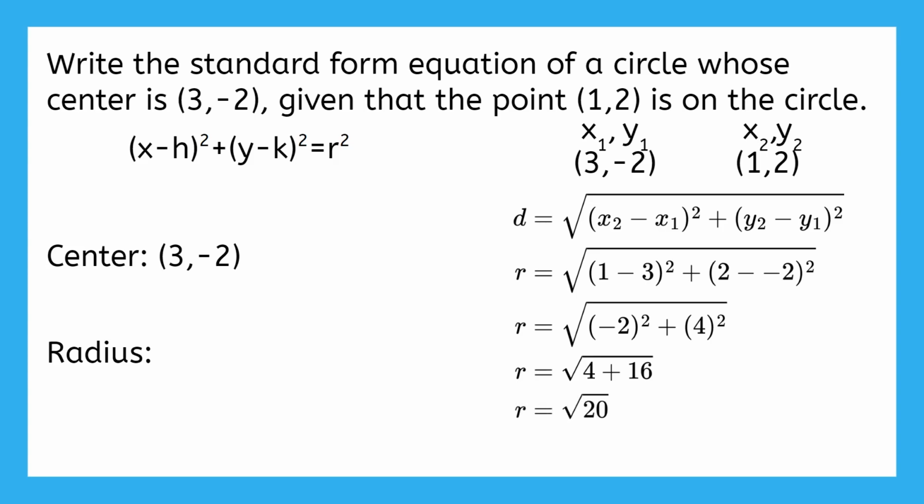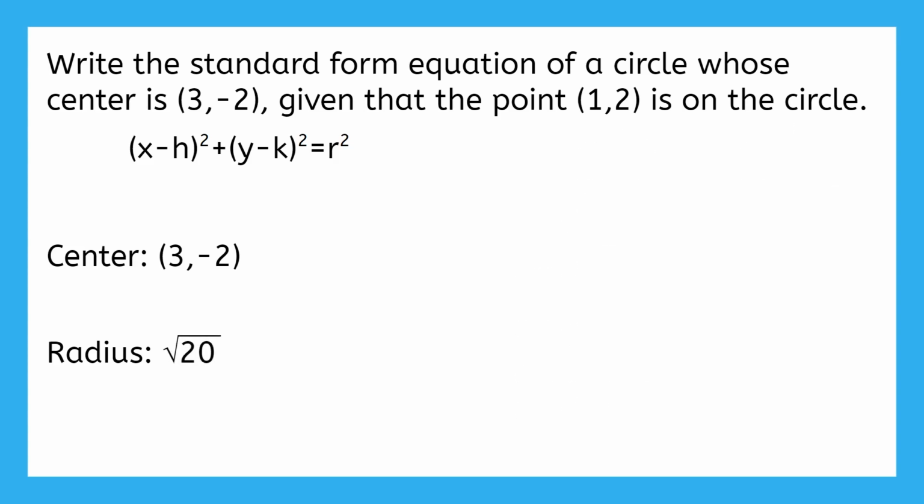So, my radius is going to be the square root of 20. It's always a good habit to simplify your square roots, and since 20 is 4 times 5, I can pull out the 4 and make this 2 root 5. Now that we have everything we need, let's go ahead and fill in our equation.